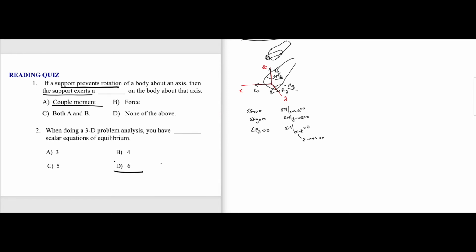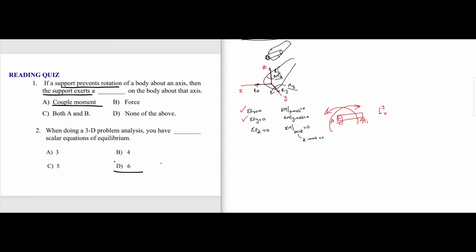Now, if you see a 2D problem, which is what we have been looking at till now, if you have a problem like this, a pin, a roller, right? And this is x and that is y. We were saying sum of the forces in x is 0, sum of the forces in y is 0. What is the meaning of sum of moments with respect to a point? Let's take, for example, this point A. With respect to this point, everything either rotates counterclockwise or clockwise, right?